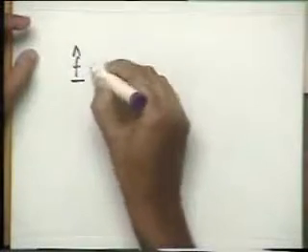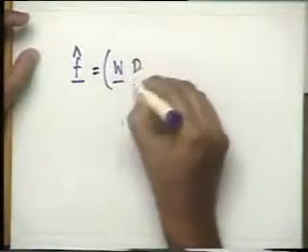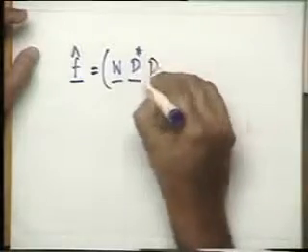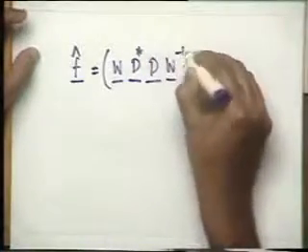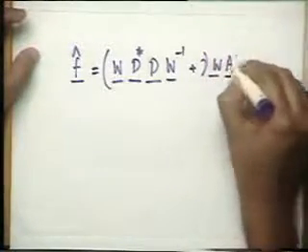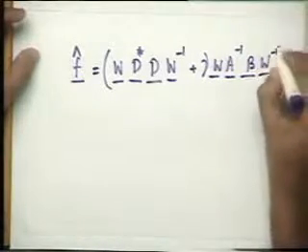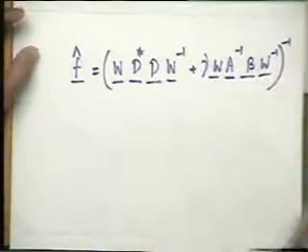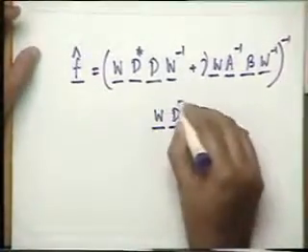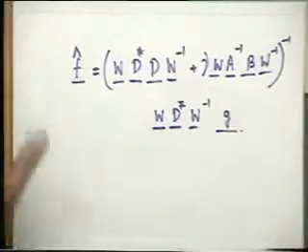So by these substitutions you will get F hat equal to W, D star, the complex conjugate of D, D W inverse plus gamma W A inverse B W inverse. This entire thing written within the parenthesis inverse, product W D star W inverse G.